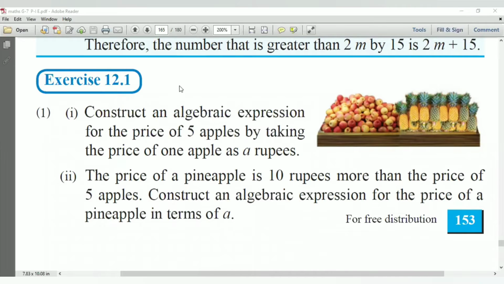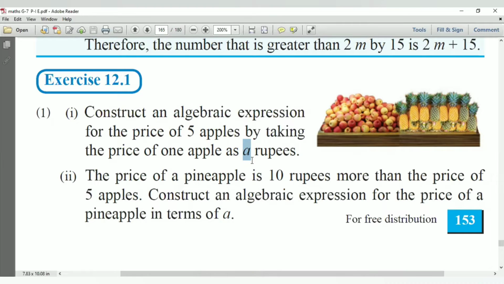So here we have a question in your textbook, that is exercise 12.1. First one, construct an algebraic expression for the price of 5 apples by taking the price of 1 apple as A rupees. So you have to find the price for 5 apples, and you have to consider 1 apple is A rupees.